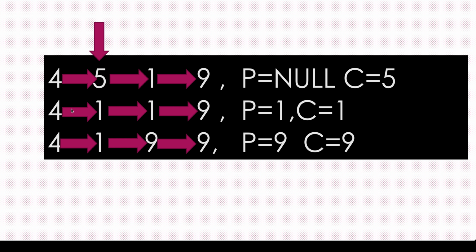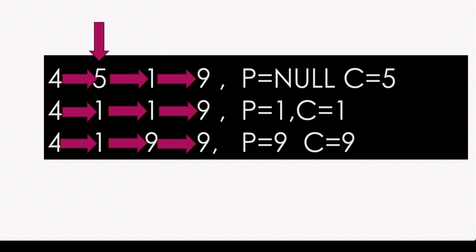After the first iteration, we'll have 4 1 1 9. And now the previous pointer will become current, and the current pointer will move to the next node.